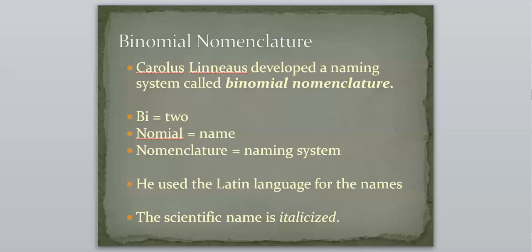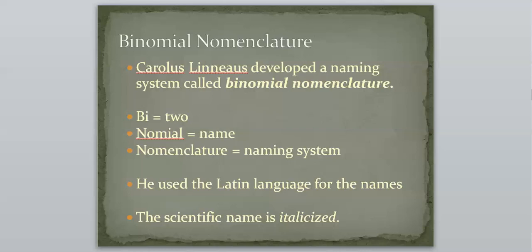And there are some rules that he came up with. You had to use the Latin language for the names, and Latin is a very effective way to name things because it is a dead language. It's a language that no one speaks anymore, and therefore it doesn't change. When we think of the English language today, words like OMG and IDK have made their way into our everyday vernacular.